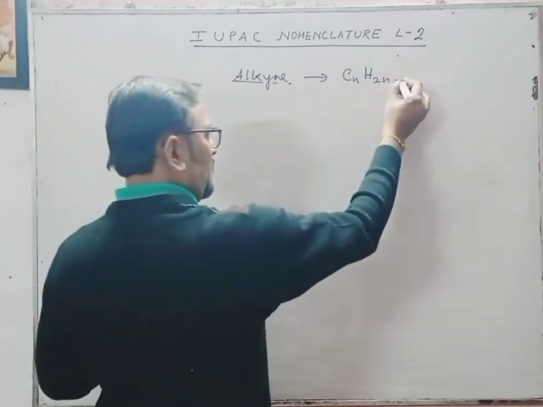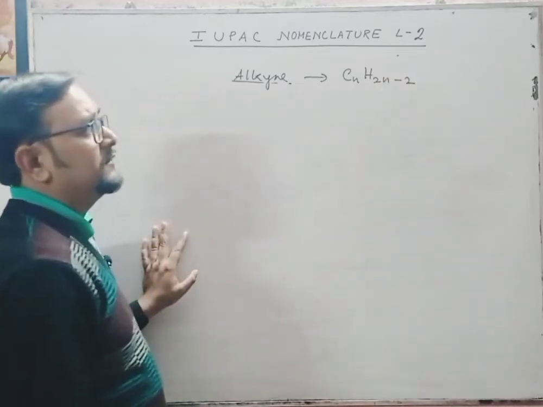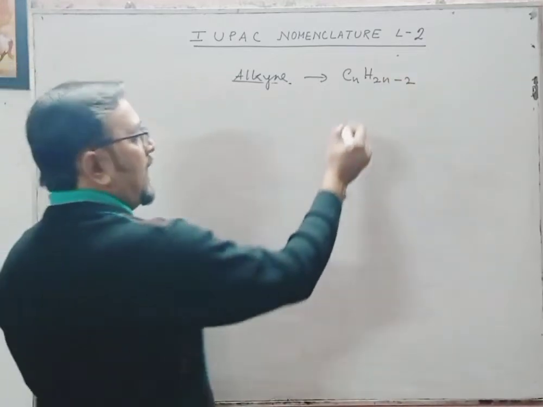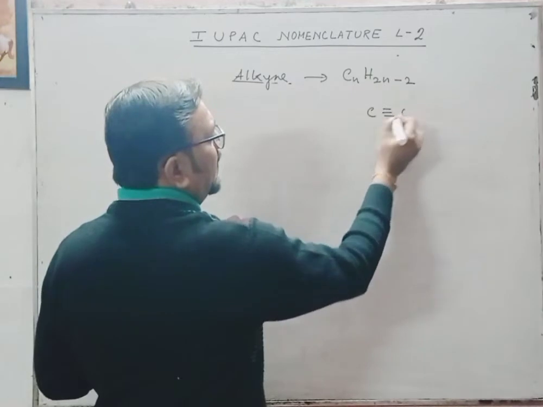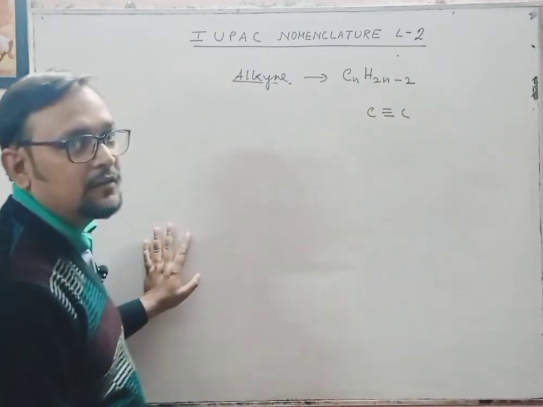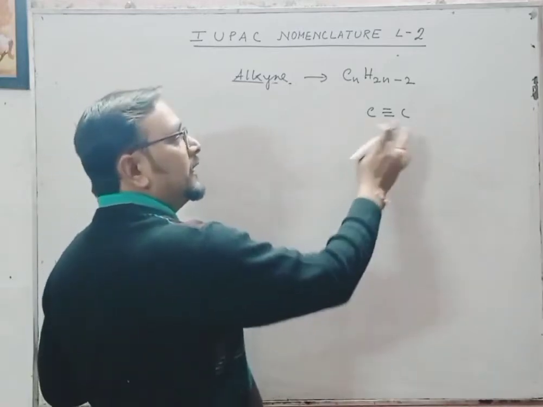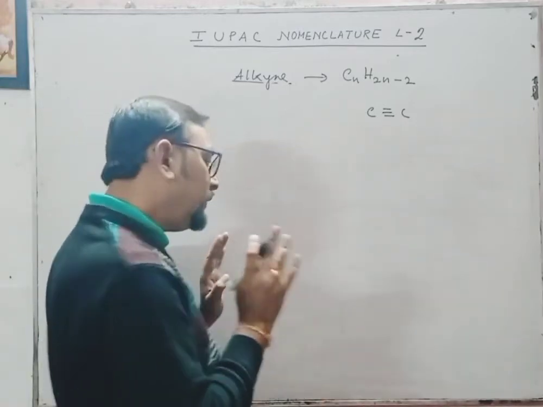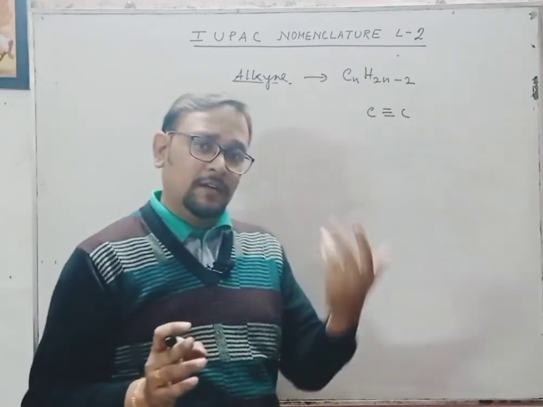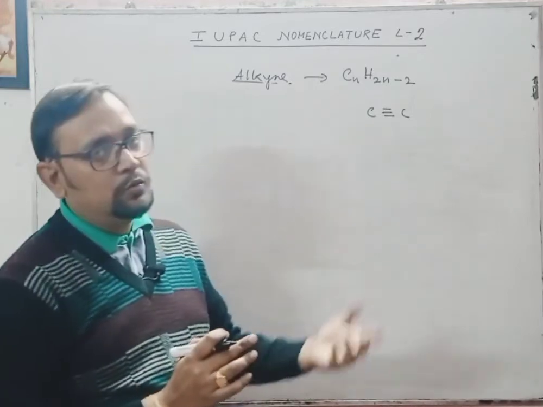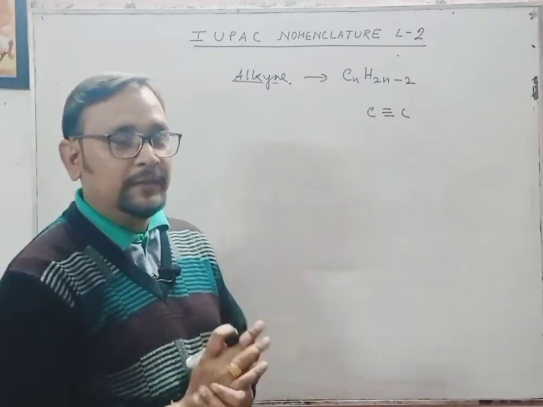Only the general formula changes, CnH2n minus 2, and in between the carbons there will be a triple bond. In the longest chain you will find a triple bond.